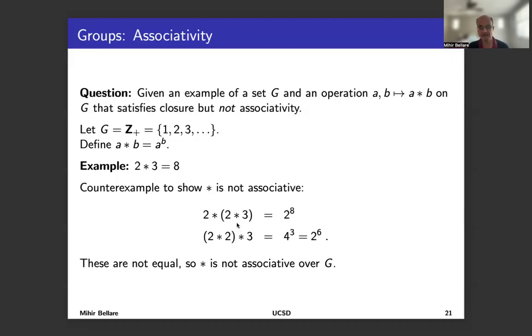Now, let's look at doing the computation so that first I operate here, 2 star 3, and then later with the 2. Okay, 2 star 3 we already said was 8. So now I'm looking at 2 to the power 8. In the other order, I first operate on these two. 2 star 2 is 2 to the power 2, which is 4. And star 3 means I raise that to the third power, so 4 to the power 3, which is 2 to the power 6. And notice they're not equal. So we did not have associativity.